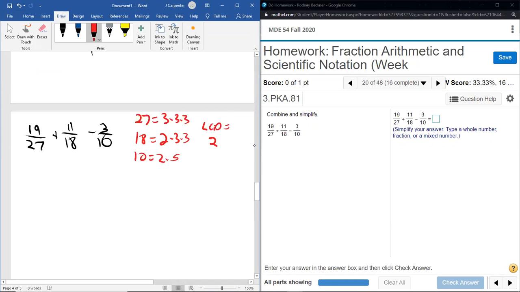But the 3s, there's 2 of them here and 3 of them here, which means we need 3 of them in the LCD. So our LCD is 2 times 3 times 3 times 3 times 5. Which is, let's see, 2 times 27 is 54. Half of 54 is 27. Add a 0, so 270.